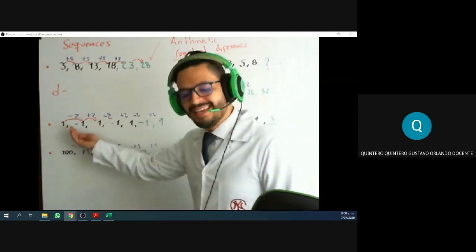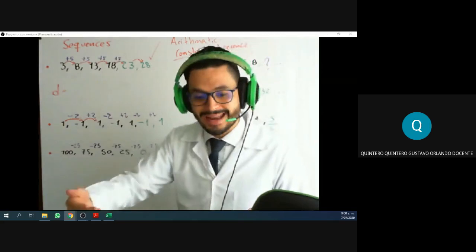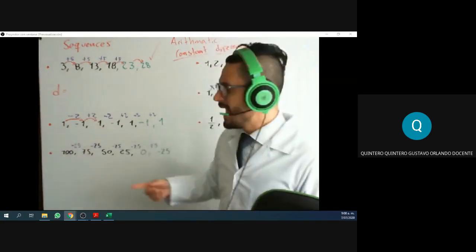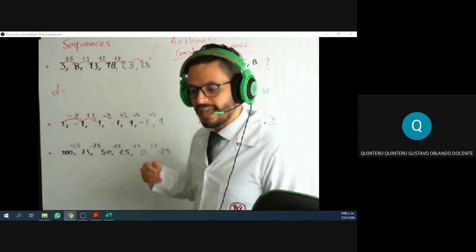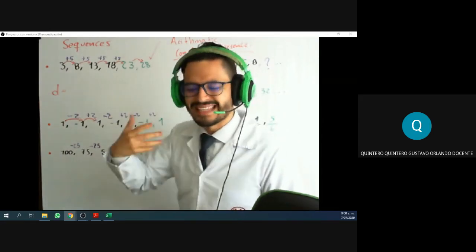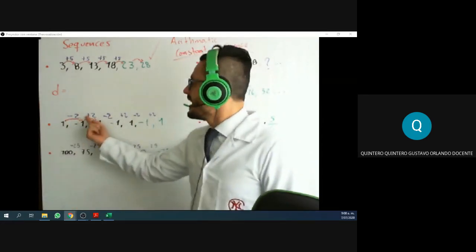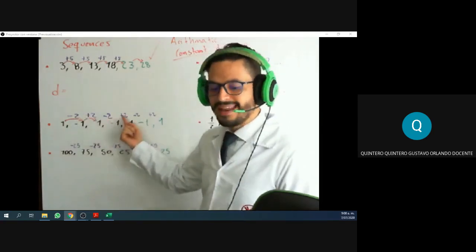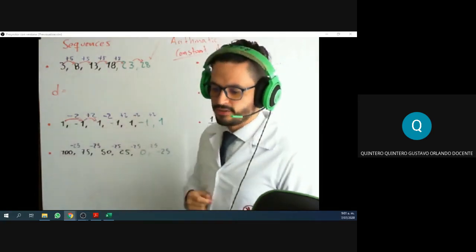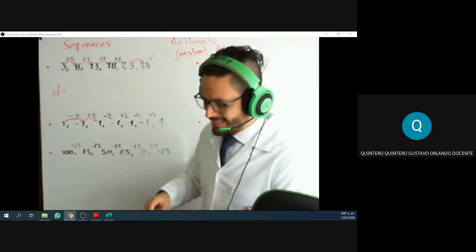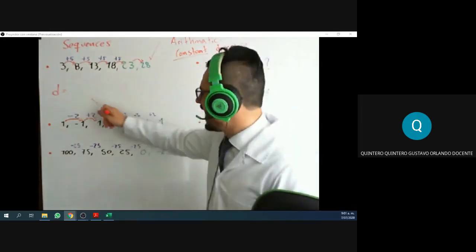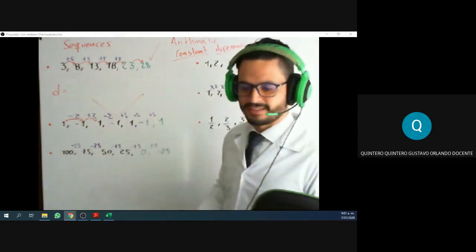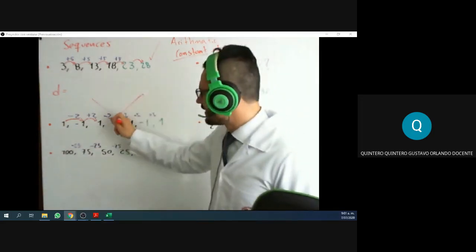In order for this sequence to be an arithmetic sequence, I had to have every single difference constant. Every single difference to be the same. -2 and then -2 again, -2 and then -2 again. And then, did you see? This is an example of a sequence that is not an arithmetic sequence. This is not an arithmetic sequence, guys.